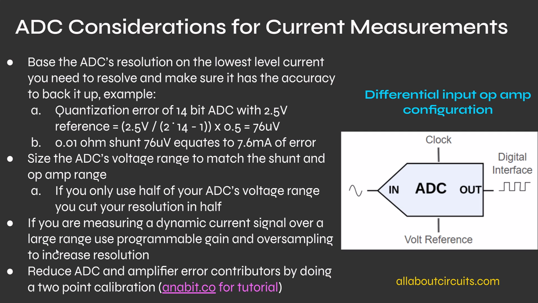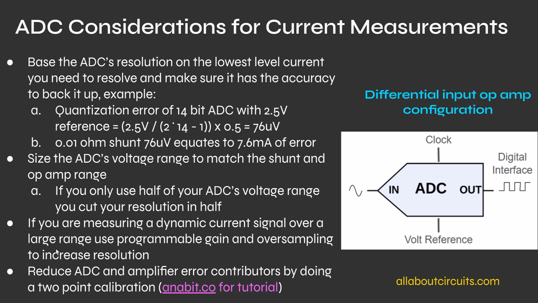The way we calculate quantization error is we take the resolution, which is 2 to the 14 minus 1. The reason we do minus 1 is because we're not counting 0. We divide 2.5 volts, our range, by that value, and then we multiply it by a half. The reason we multiply it by a half is that worst case scenario, we're going to be halfway between one of the ADC codes. So this gives us 76 microvolts.